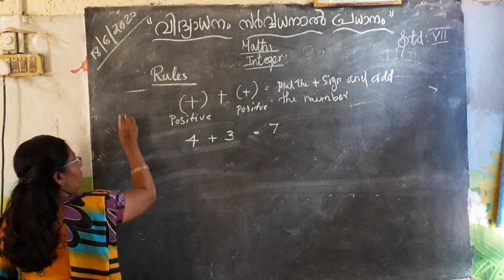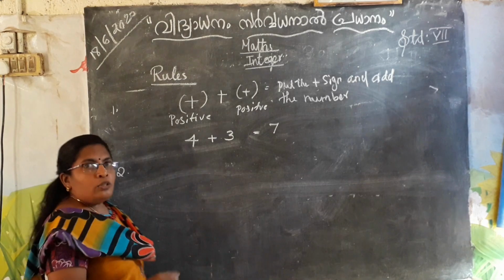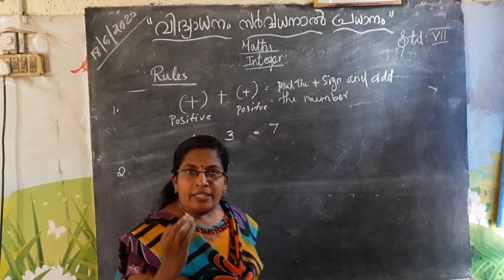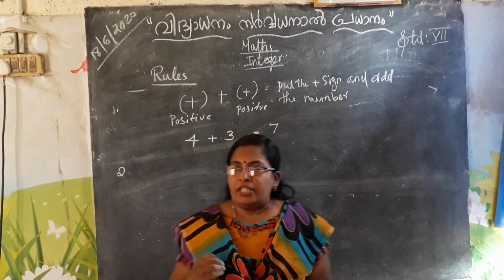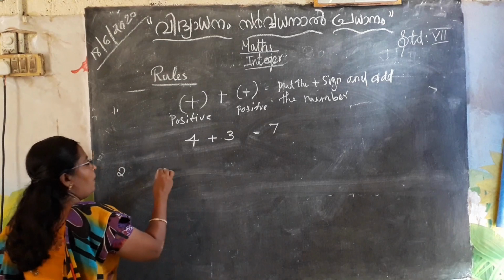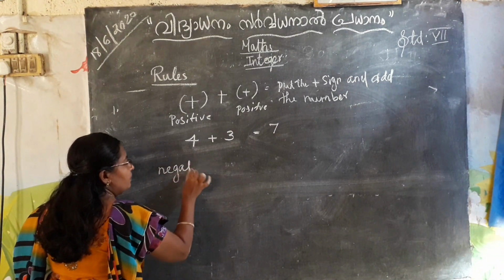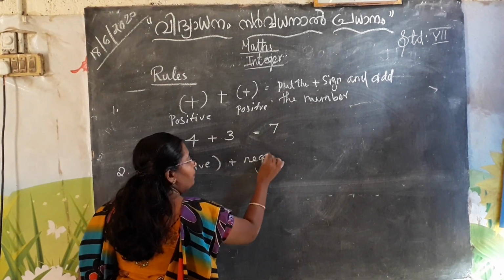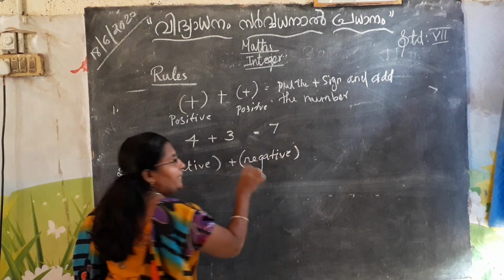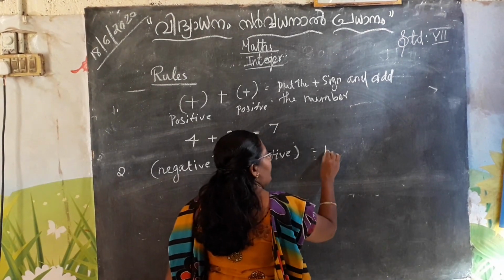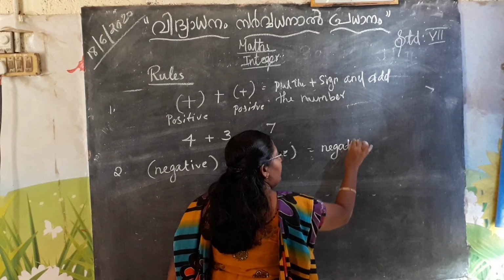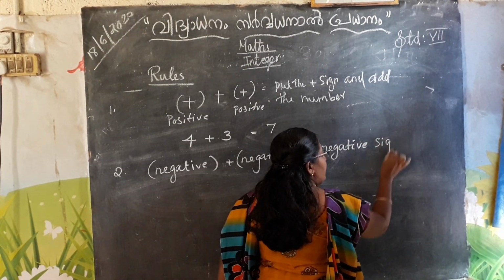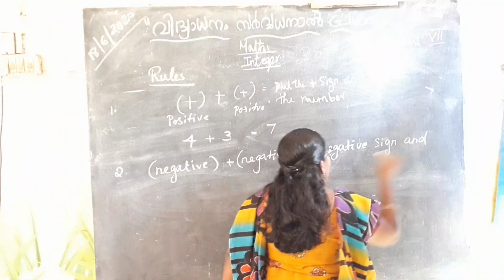Second one, when we add two negative integers, we will get a negative integer. Negative integer plus negative integer is equal to a negative integer: write the negative sign and add the numbers.